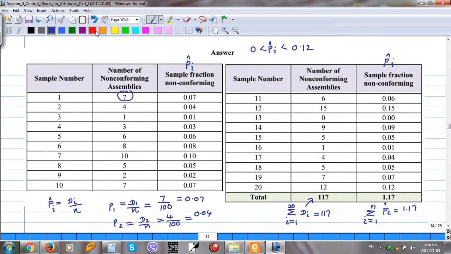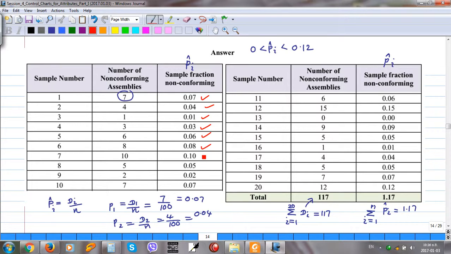We check those values. This one is in the range, correct. That is also 0.01, in the range.